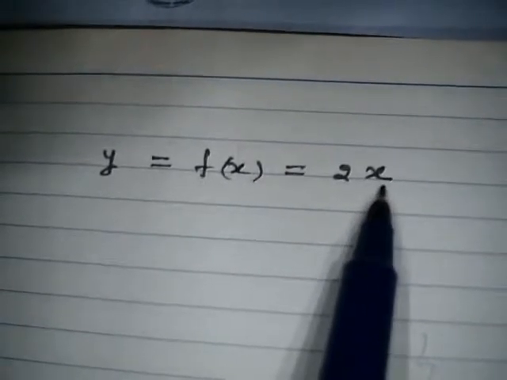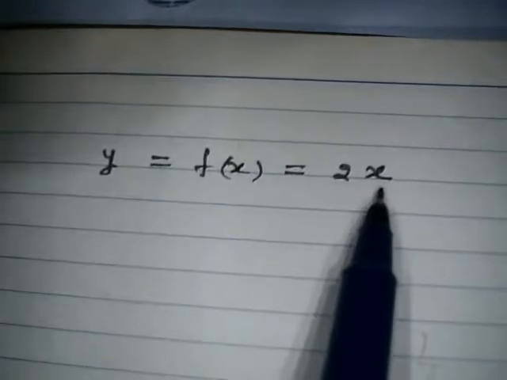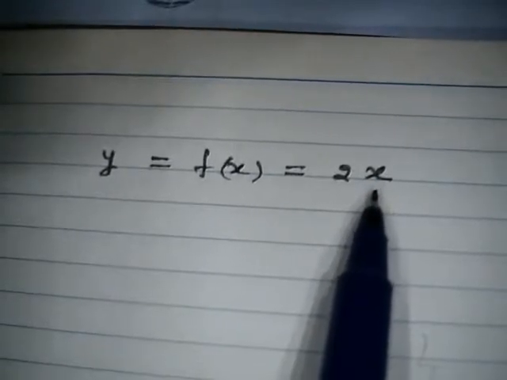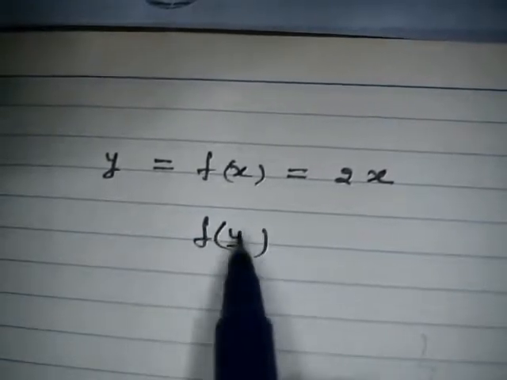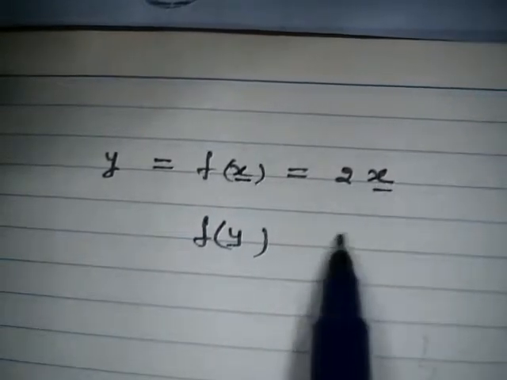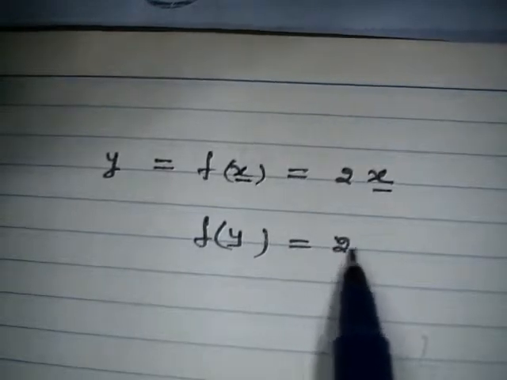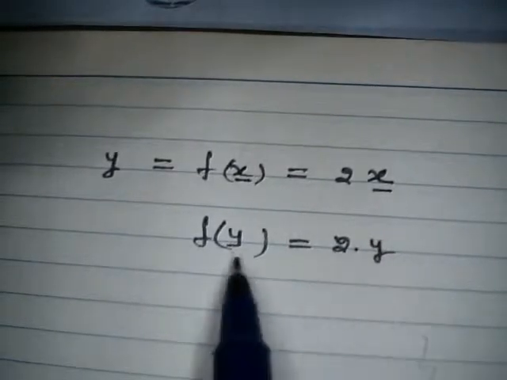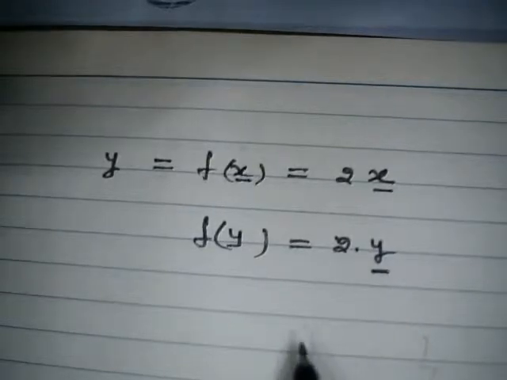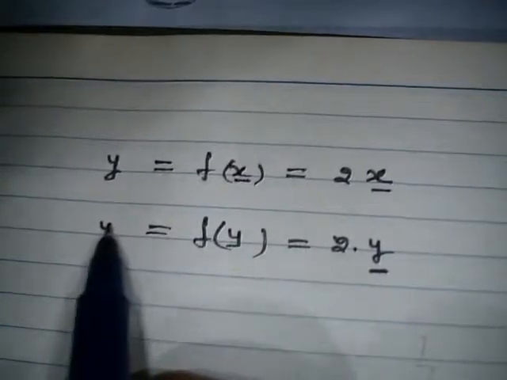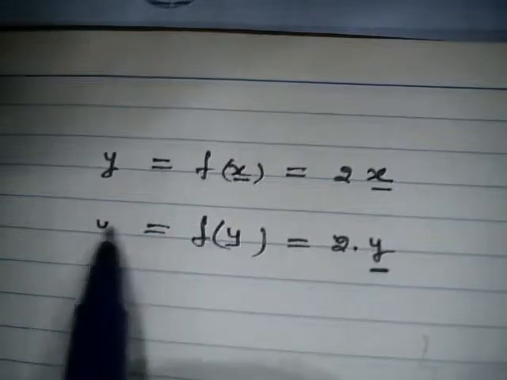In case I write f of y, it means in place of x I need to replace y. So this is a function of y because it is written in terms of y. Here we can't take y, we need to take another variable.